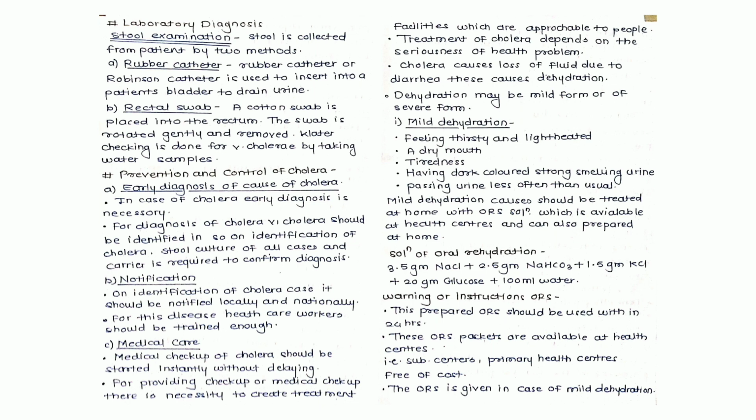Blood test. The doctor may also order a blood test to check for the presence of antibodies to the cholera bacteria. Epidemiological investigation. In areas where cholera outbreaks are common, public health officials may conduct an epidemiological investigation to identify cases and prevent further spread of the disease.